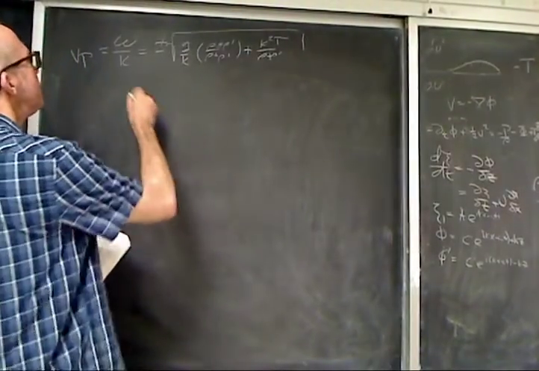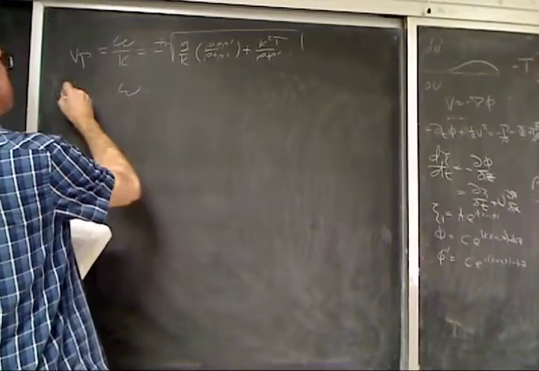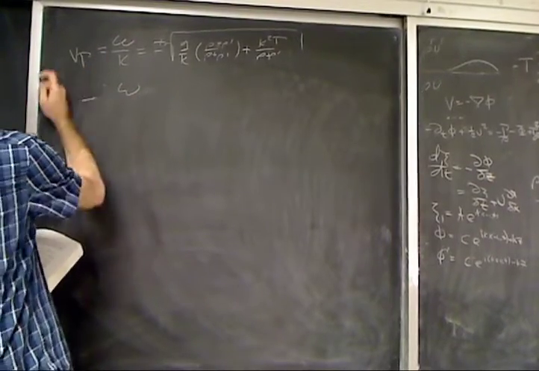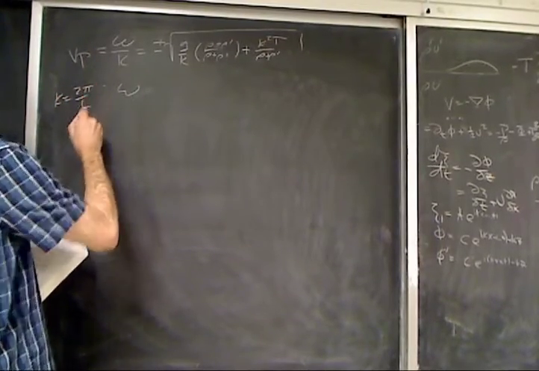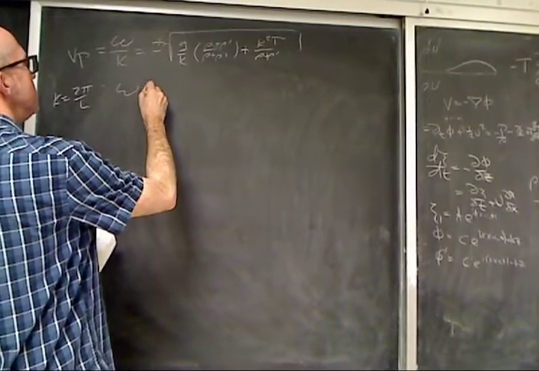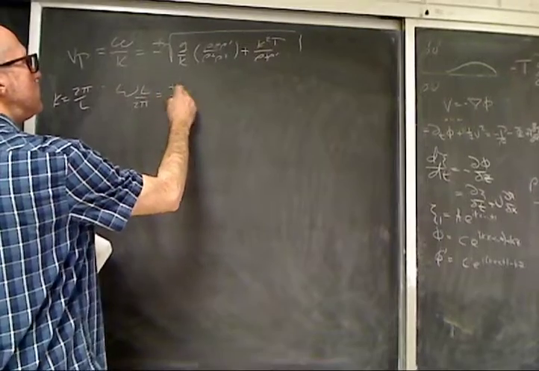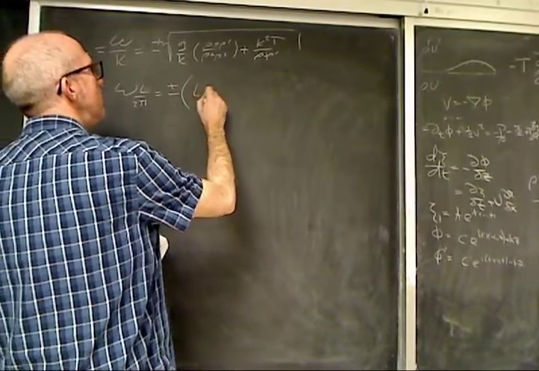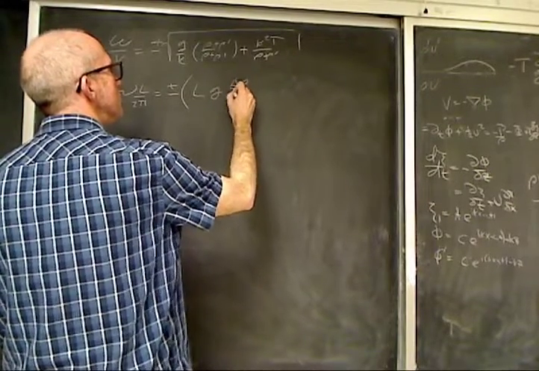All right. If we say that k equals 2 pi over L, yeah? Then this is omega times L over 2 pi equals plus or minus the square root of L times G times delta rho over average rho.